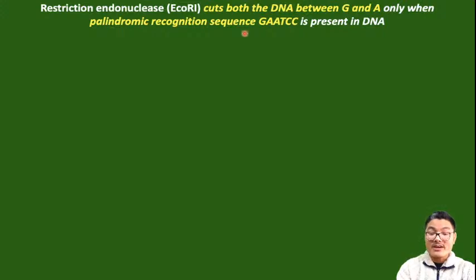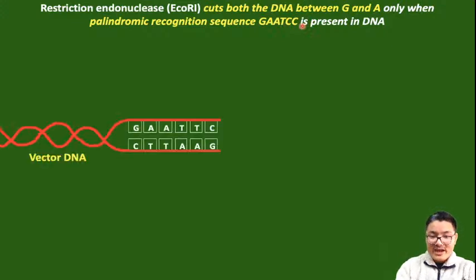That palindromic nucleotide sequence or recognition sequence is guanine, adenine, adenine, thymine, thymine, cytosine. Now we have seen vector DNA, which also has GAATTC, guanine, adenine, adenine, thymine, thymine, cytosine. And same is the case for the opposite direction strand, right? Guanine, adenine, adenine, thymine, thymine, cytosine.